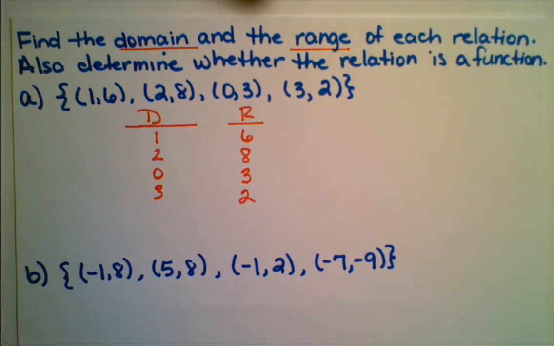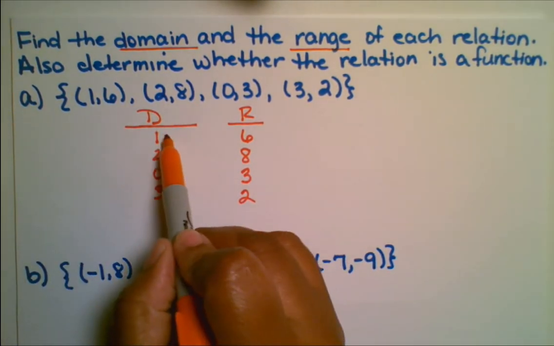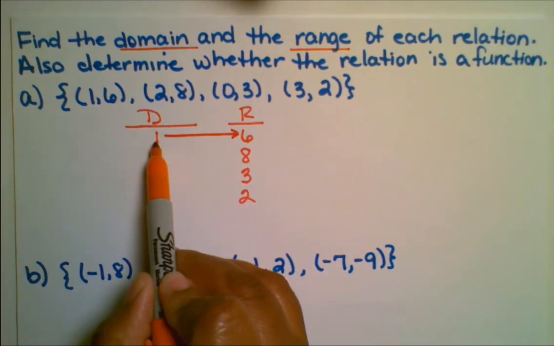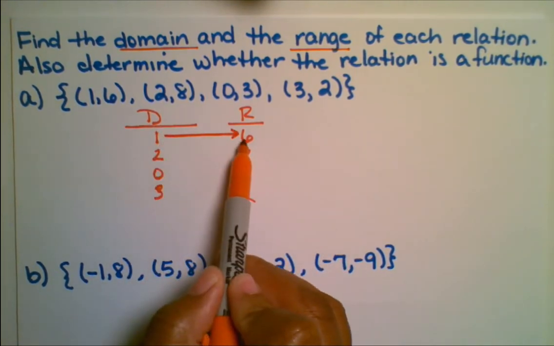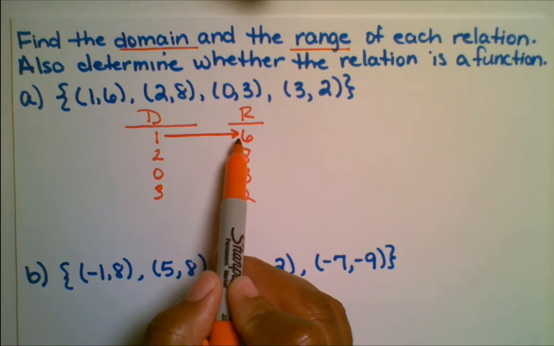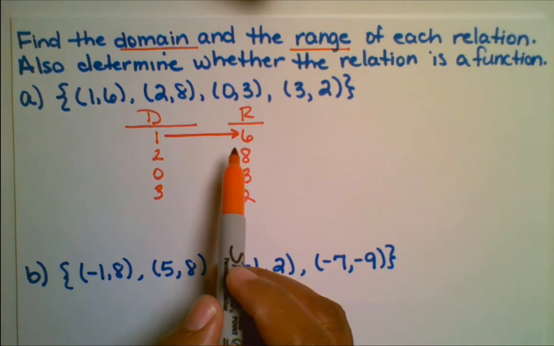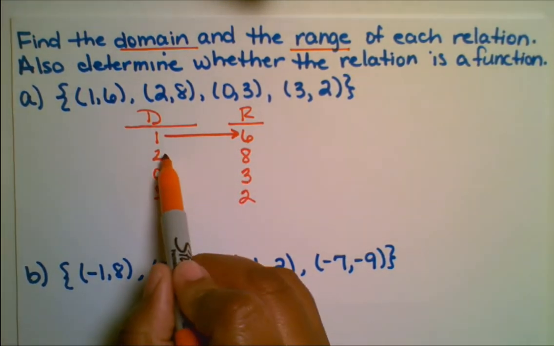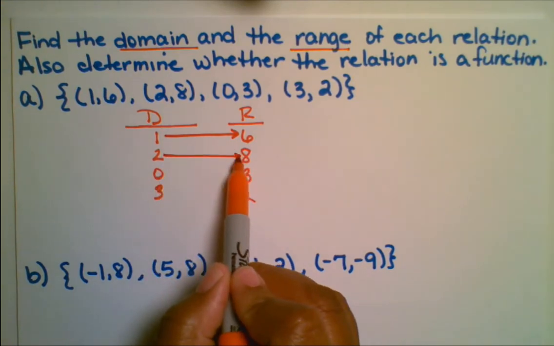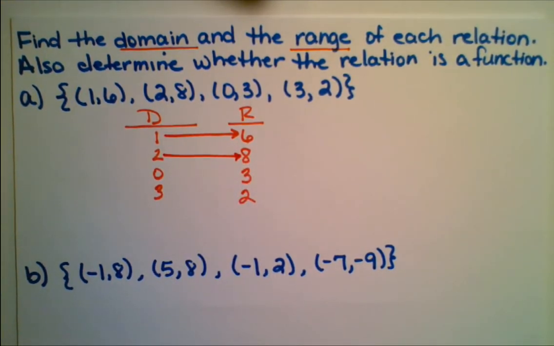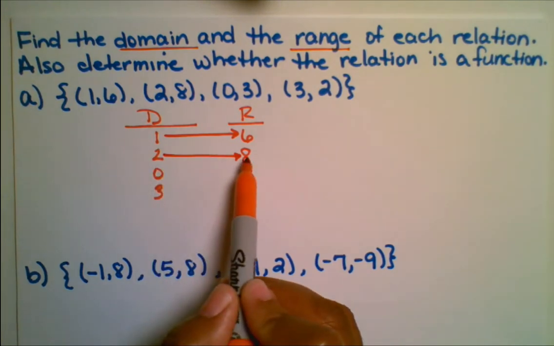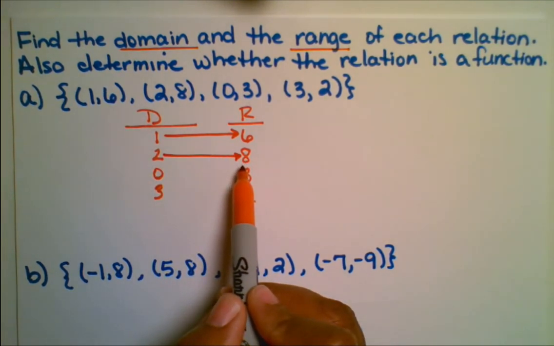Well, what maps to 1 will be 6. See, your x coordinate is being paired with exactly one y coordinate. That's what we want. Then (2, 8). Your 2 is being paired exactly with one y coordinate, which is the 8. So right now, this is still a function.